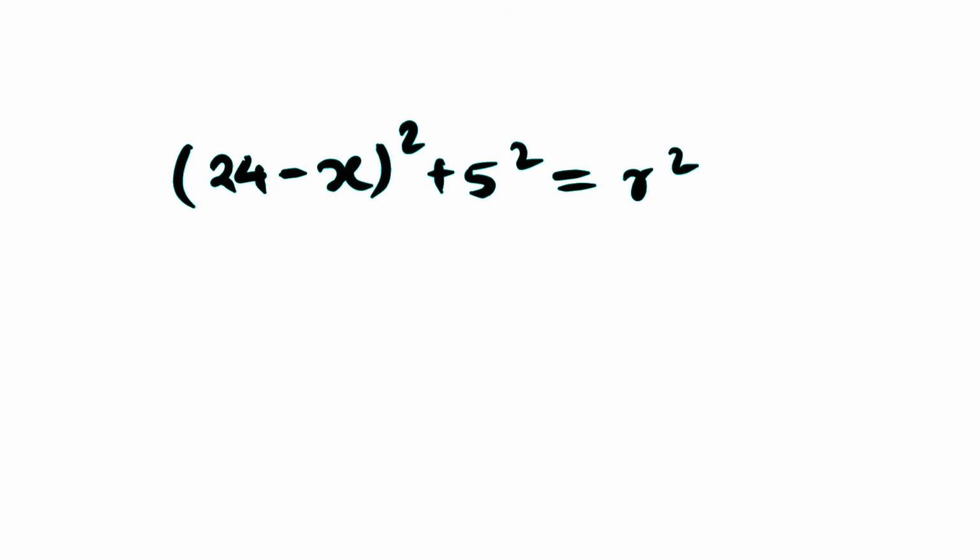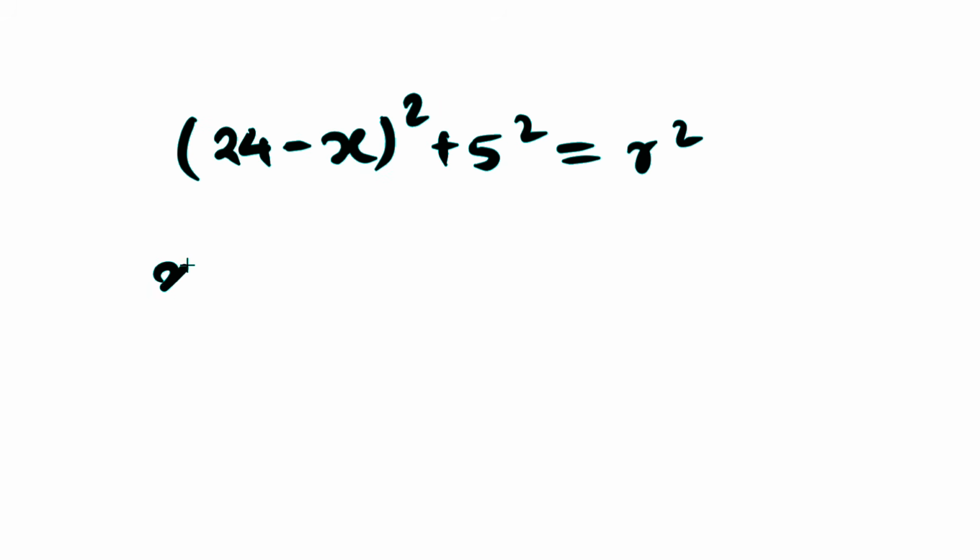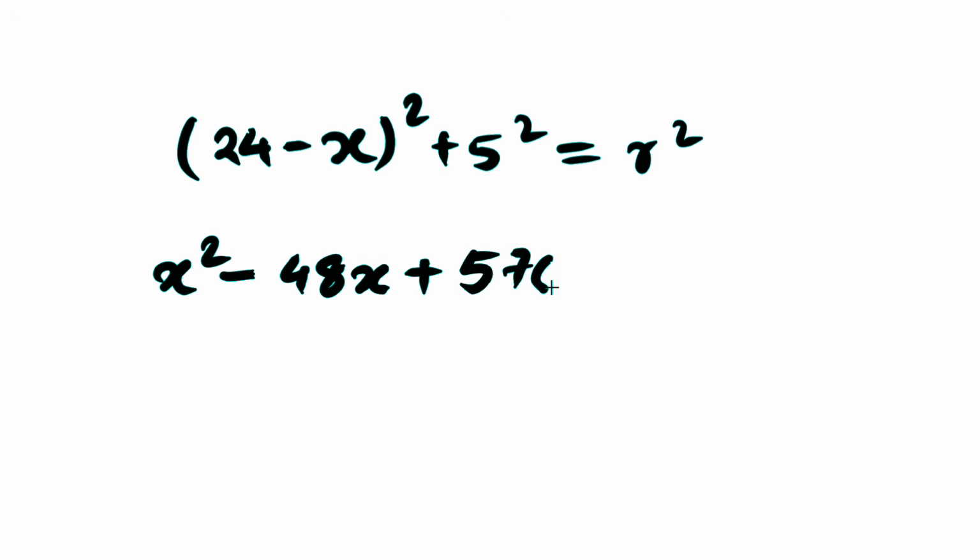Now let's expand this carefully. 24 minus x whole squared means we multiply 24 minus x by itself. That gives us x squared minus 48x plus 576, and 5 squared is 25. So the equation becomes x squared minus 48x plus 576 plus 25 equals r squared.